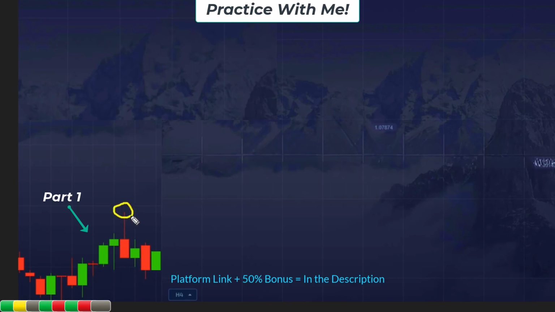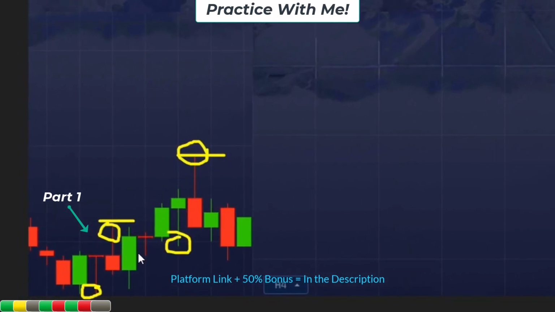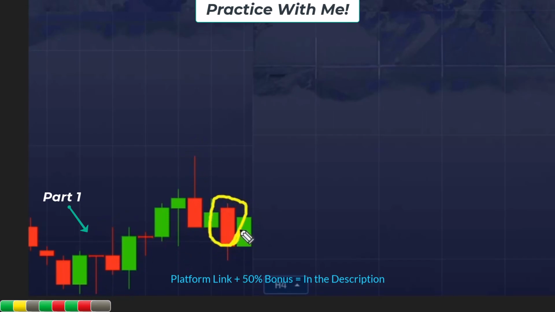I told you that these rejection points in the market, the tips of the long rejection points, play a very important role. So you can consider them as very good rejection points or levels, and this candle closed right here, and this candle entered like crazy and hasn't even hesitated.